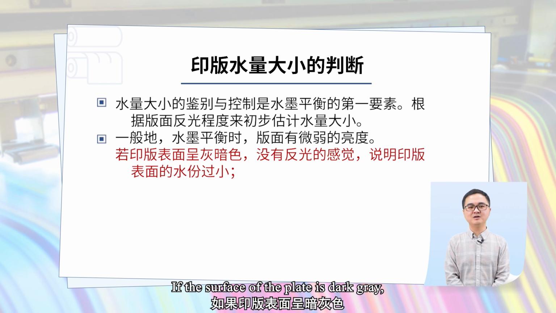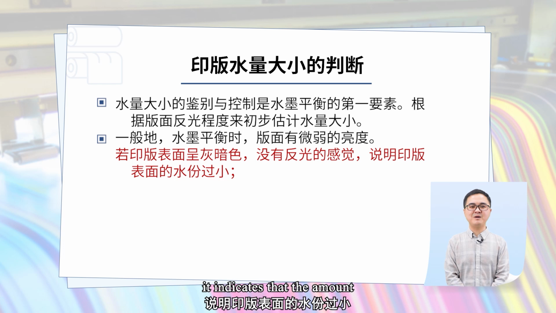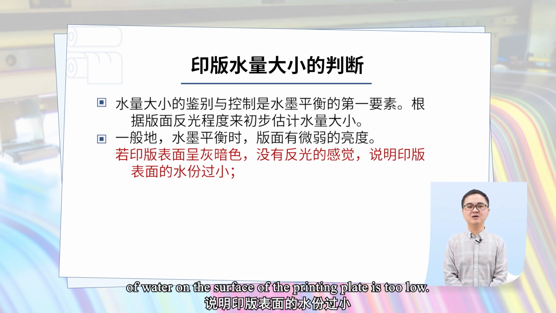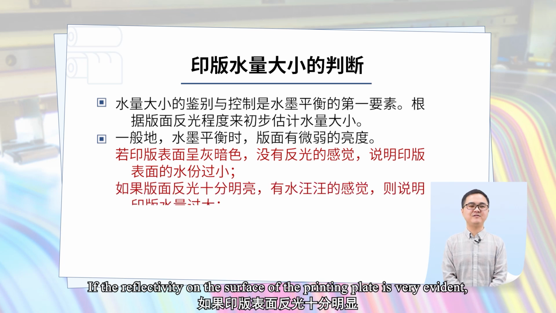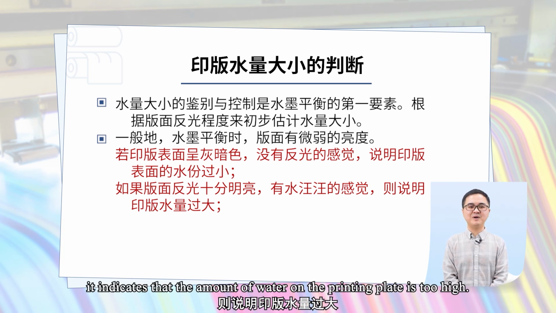If the surface of the plate is dark gray, there is no sense of reflectivity. It indicates that the amount of water on the surface of the printing plate is too low. If the reflectivity on the surface of the printing plate is very evident, it feels watery. It indicates that the amount of water on the printing plate is too high.